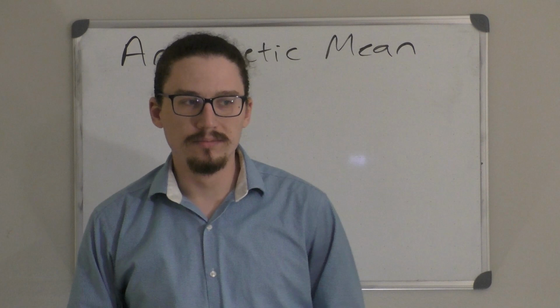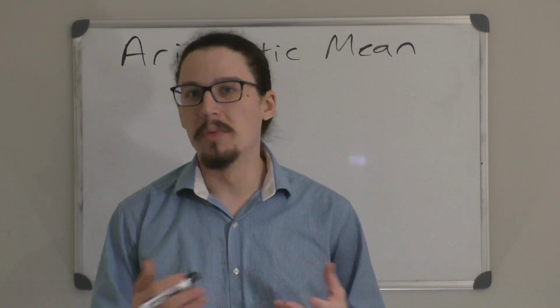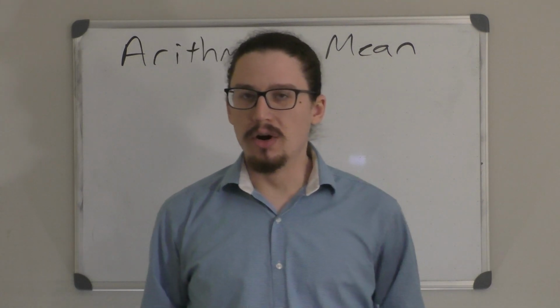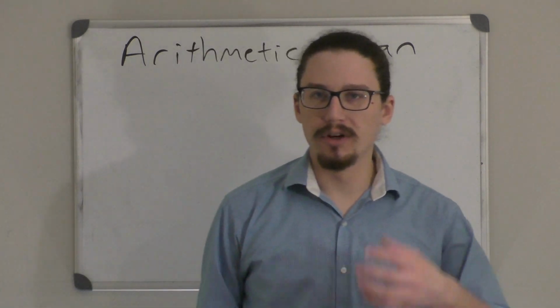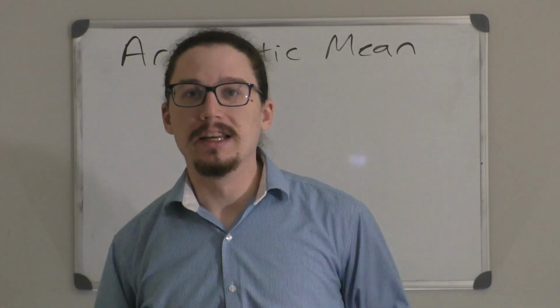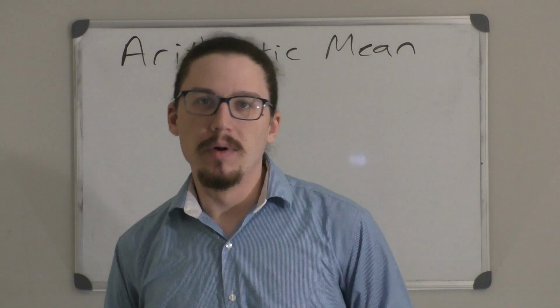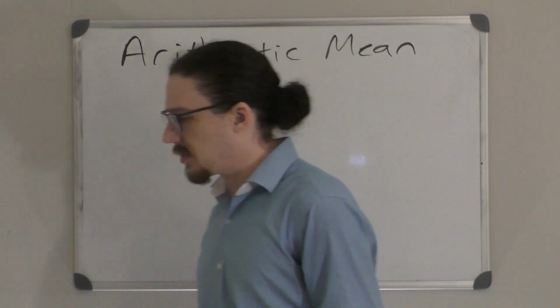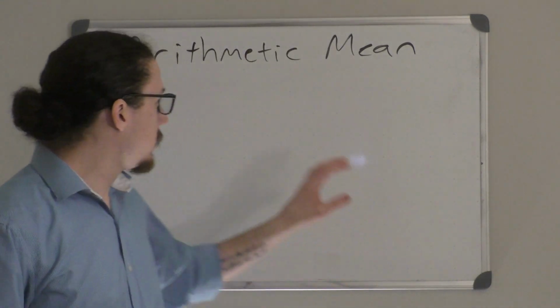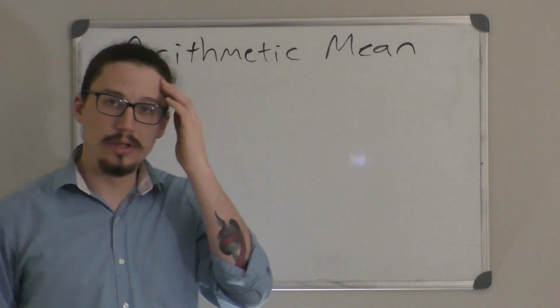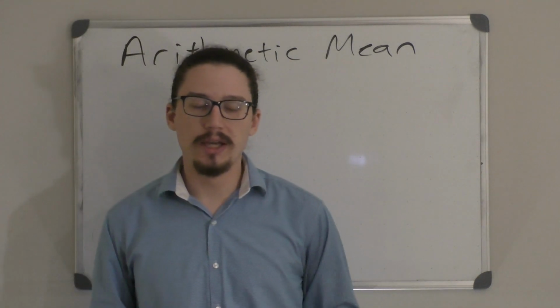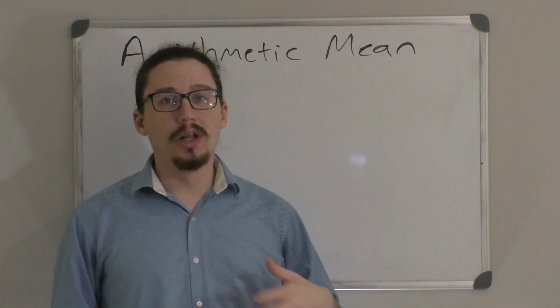So the arithmetic mean is just what we more commonly refer to as a mean or an average. If you've ever calculated an average, then you have calculated the arithmetic mean, assuming you did it correctly. This is the most commonly used of our measures of location.